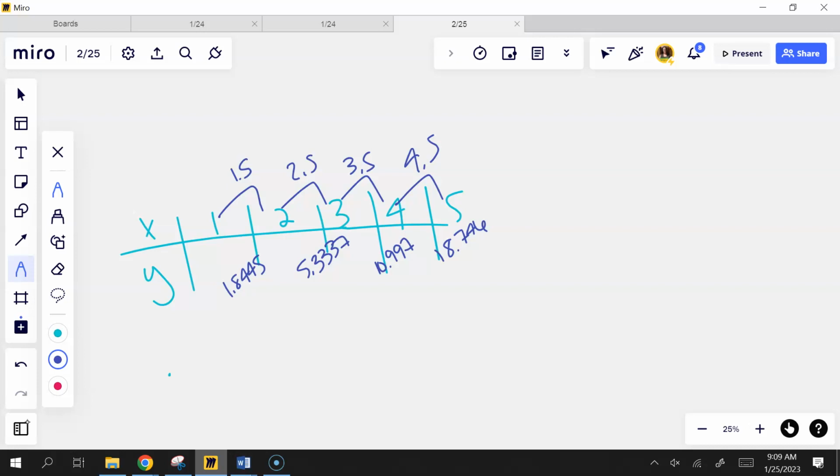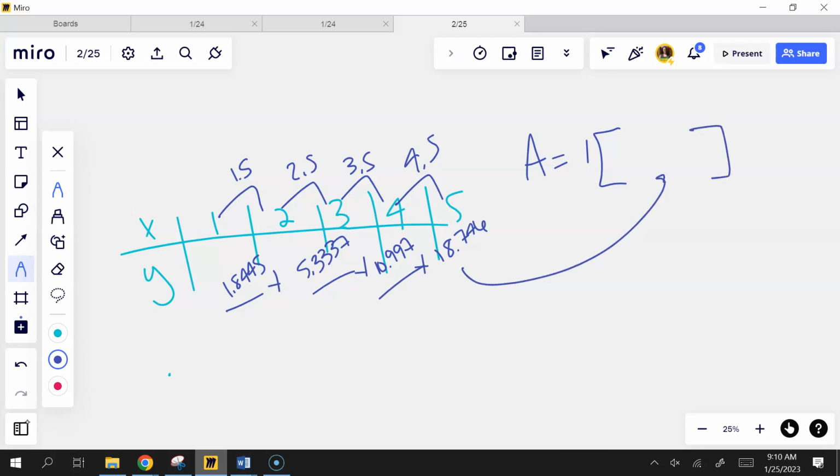And so then since it was rectangles, the width is still 1 each time, right? So 1 times, and then I added these together. And you only need them in there 1 time because it's rectangles, right?